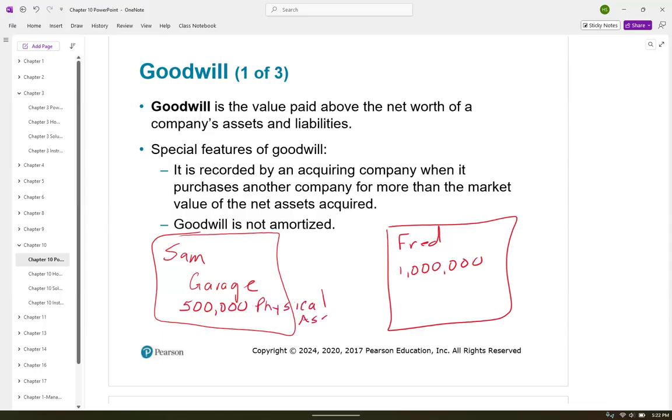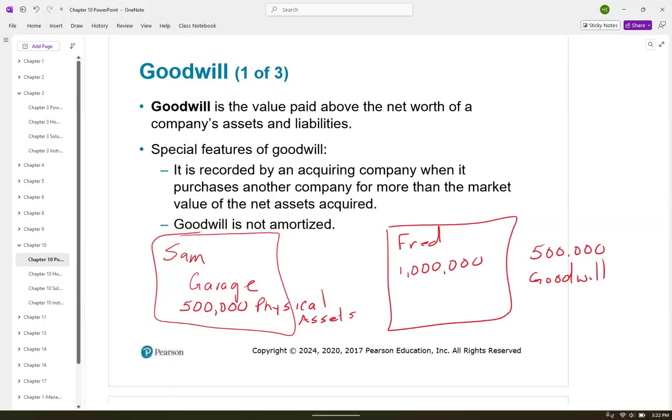Okay. Physical assets, building, all those property, plant, and equipment things, things that they can put a value on. But Fred's willing to pay extra because of Sam's good name. So Fred will get to record $500,000 of goodwill.